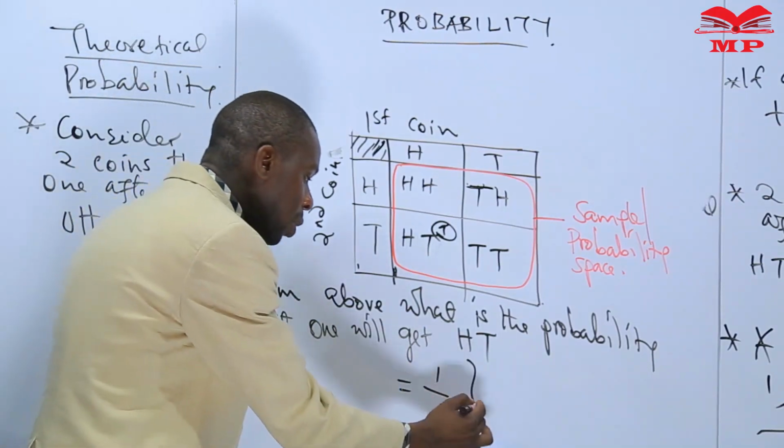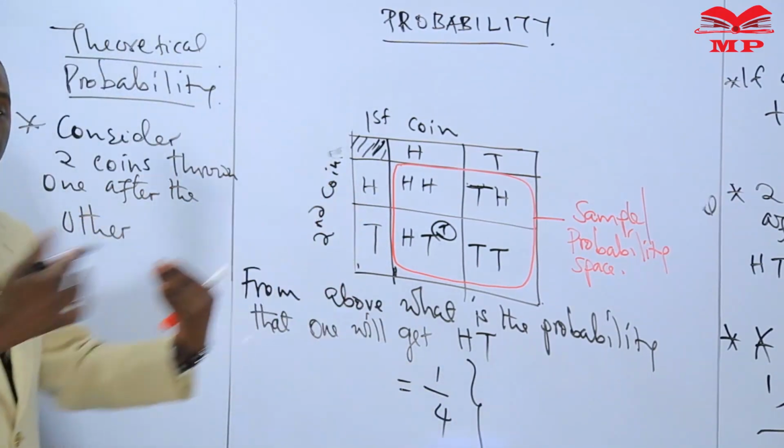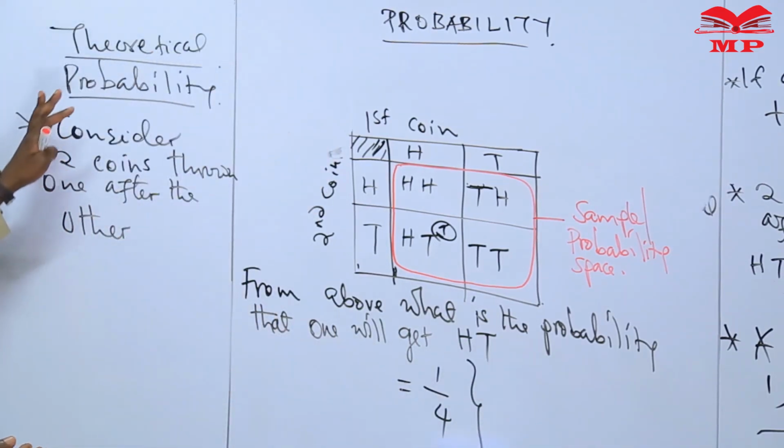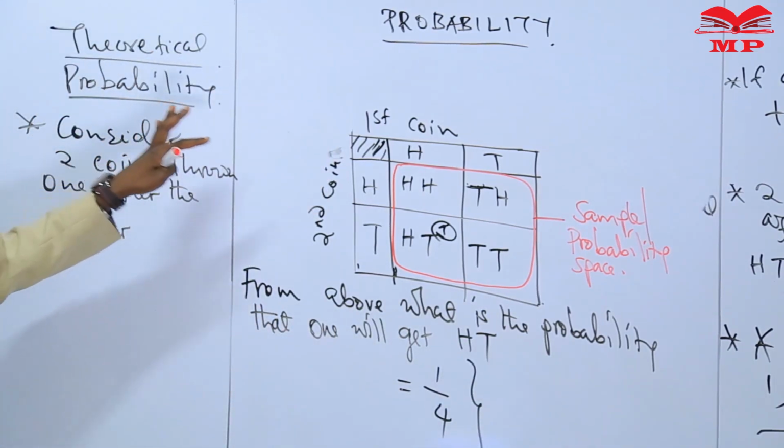So when you are able to find a probability without doing an experiment or relying on past experiences, that is what we are calling theoretical probability.